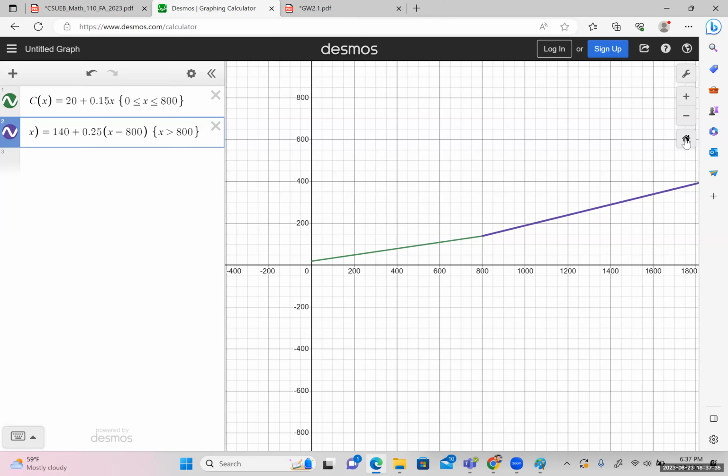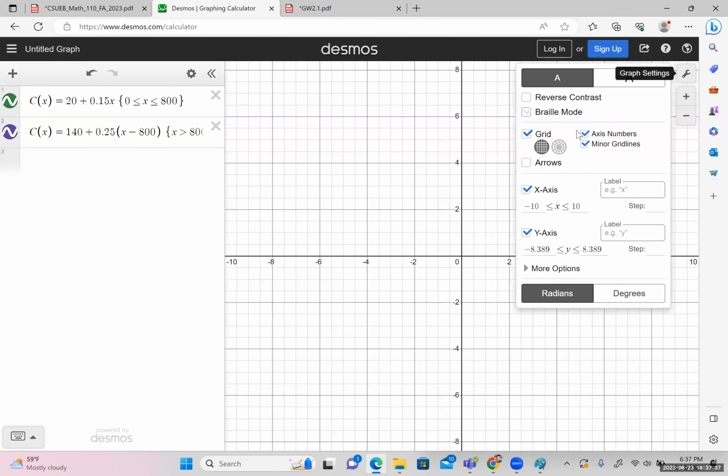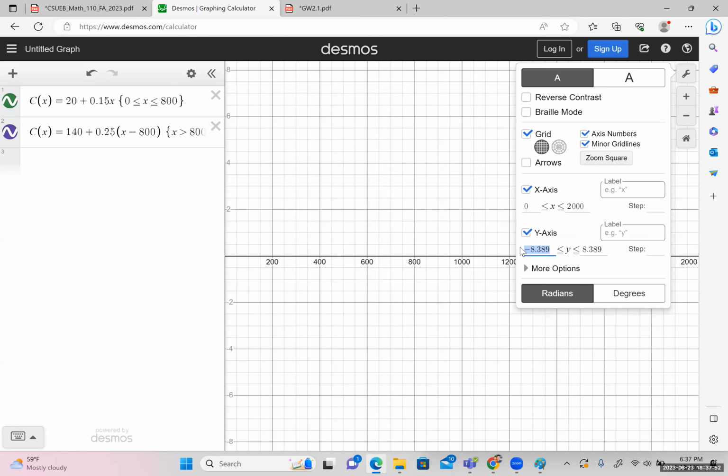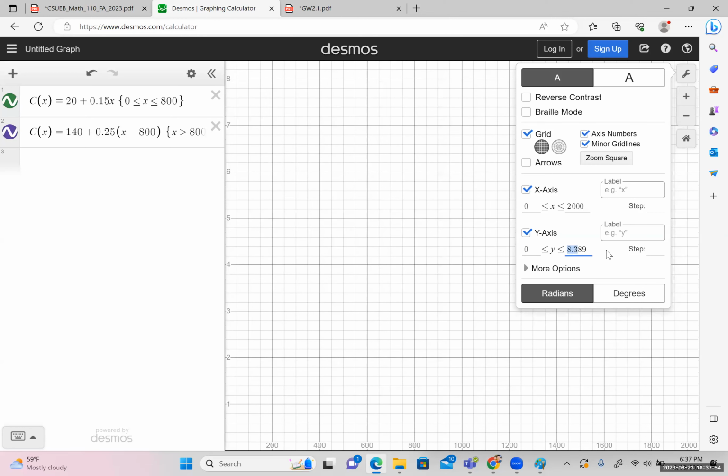So I would like to change my domain. It should be from 0 to 2000. And the y-axis could be from 0, because I don't care about negative, up to 440.